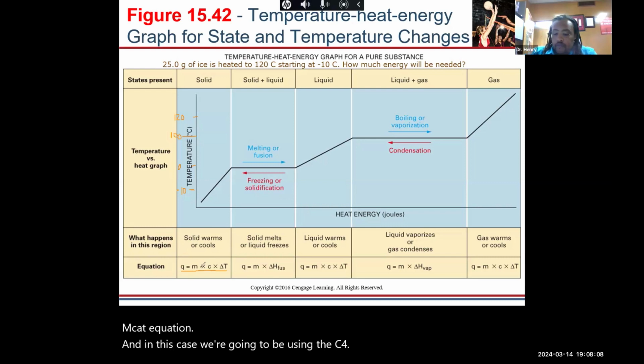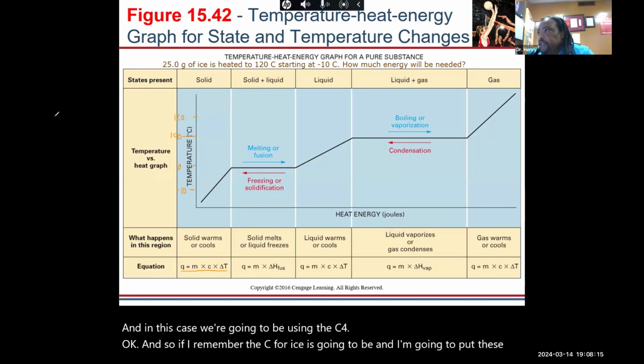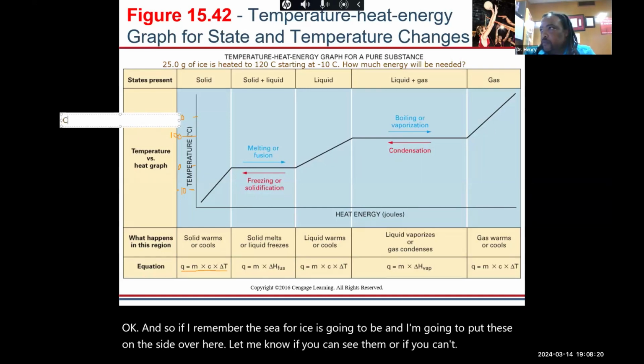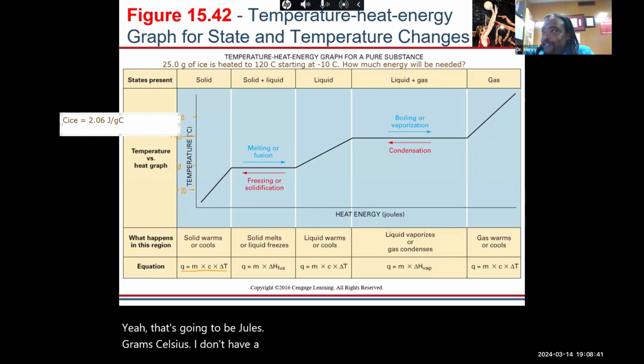ice. Okay. And so if I remember, the C for ice is going to be, I'm going to put these on the side over here. Let me know if you can see them or if you can't. It's going to be joules per gram Celsius. I don't have a degree symbol, so got to bear with me there.